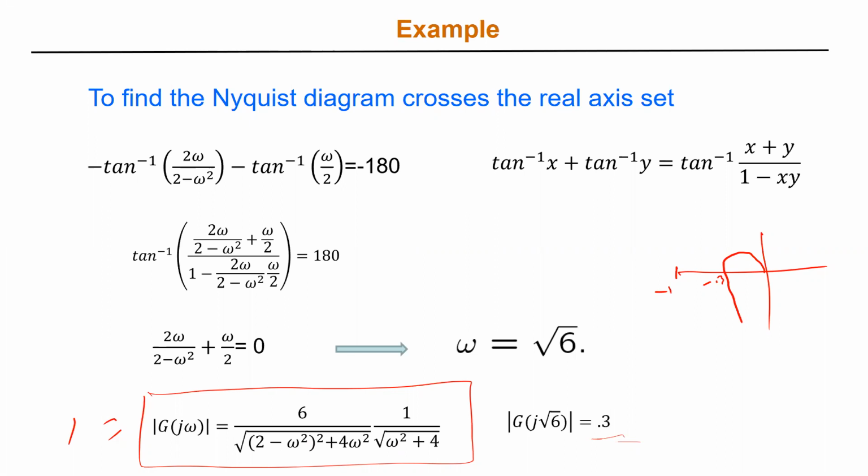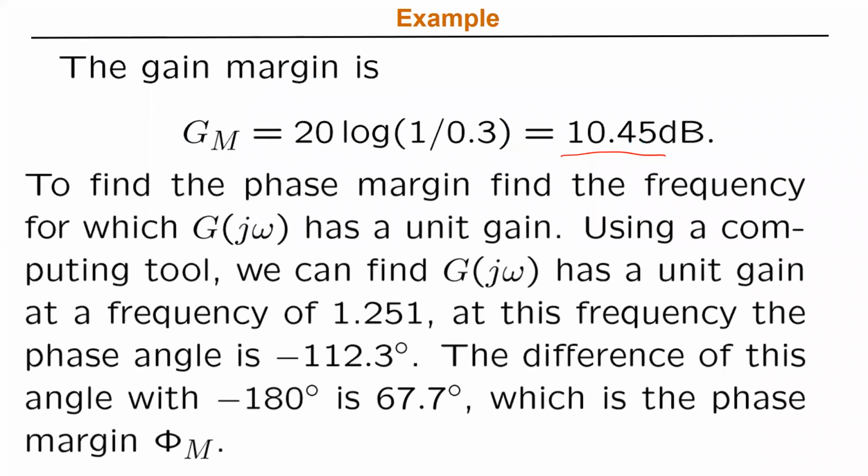Solve it. For the phase margin, find the frequency at which G has a unit gain. Using a computing tool, MATLAB or your calculator, you can find the frequency. The frequency is going to be 1.251.